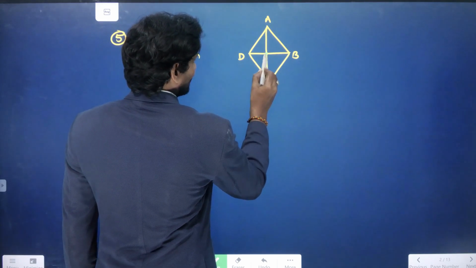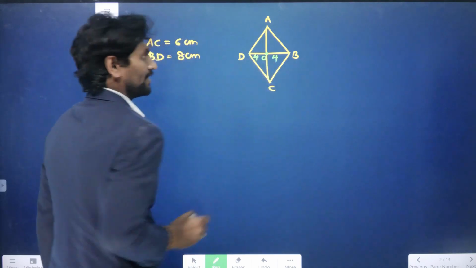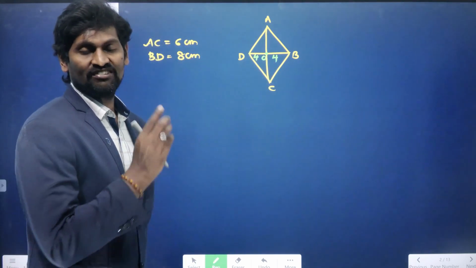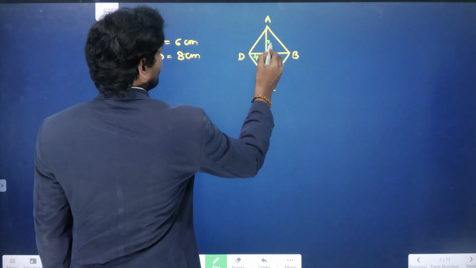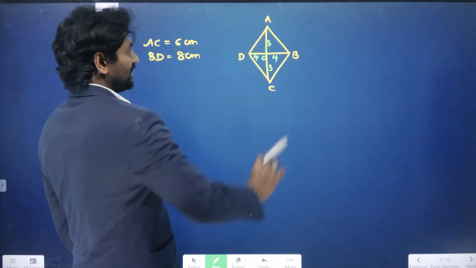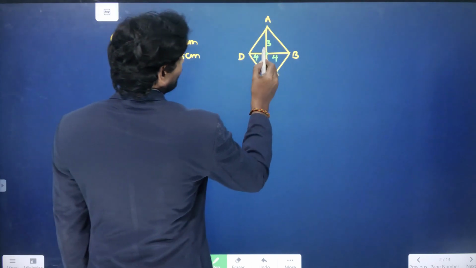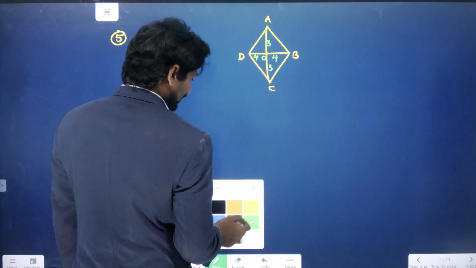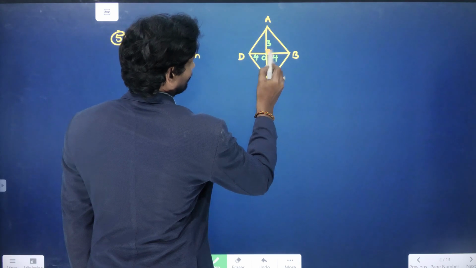Let me take the intersecting point as O, so DO is 4 centimeters and OB is 4 centimeters. Bisecting means dividing into two equal parts. Same way, AO is 3 and CO is 3, because AC is 6 centimeters, divided into two equal parts. Perpendicular means making a 90 degree angle at the point of contact.